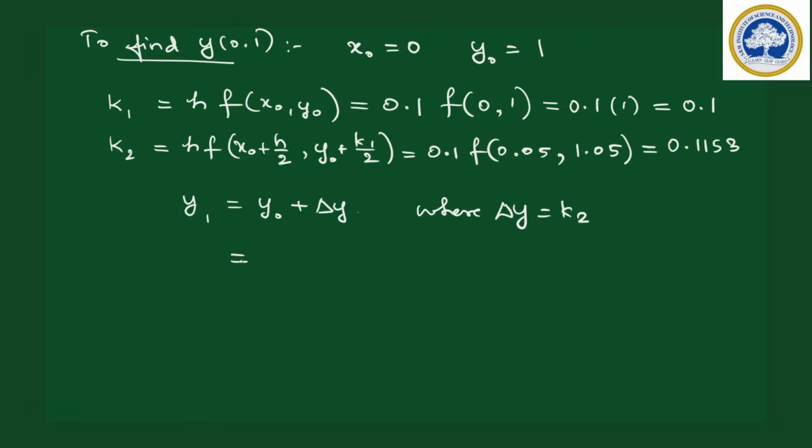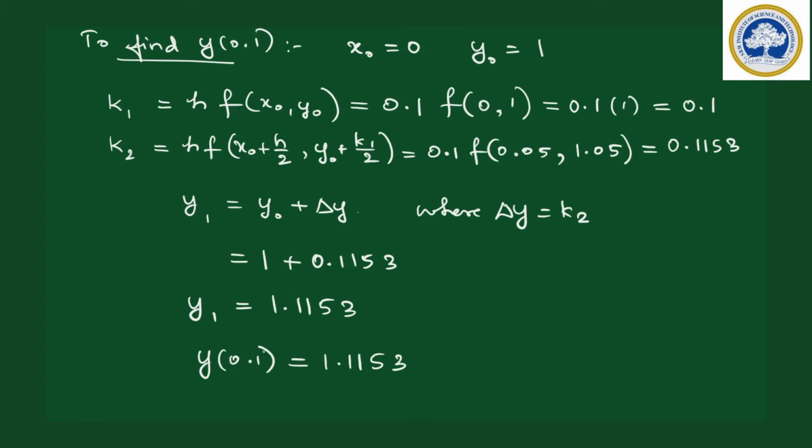So y naught is 1 plus delta y, which is k2, 0.1153. The final answer is 1.1153, and this is y1. y1 is nothing but y of 0.1, which is equal to 1.1153.